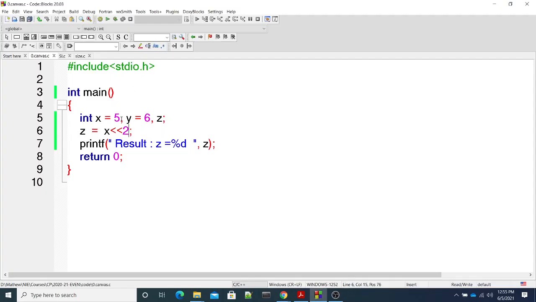So for every shift by 1 position, my number is actually getting doubled. Shifting by 1 position, 5 is doubled and I get 10. Shifting by 2 positions, 10 is again doubled, 20. Shifting by 3 positions, 20 is doubled, 40.